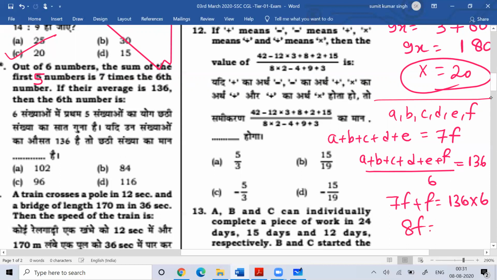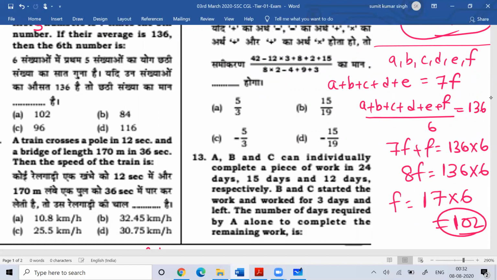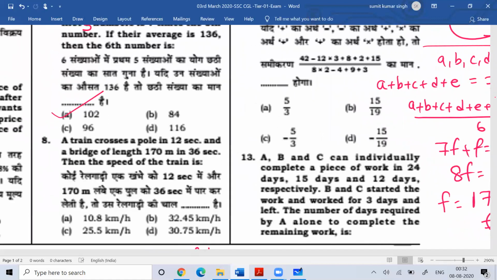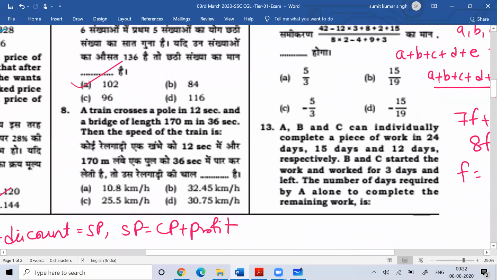So 8F is equal to 136 into 6. So the value of F is 102. Simple question. You don't have to do much. They're asking you the 6th number, that is 102.